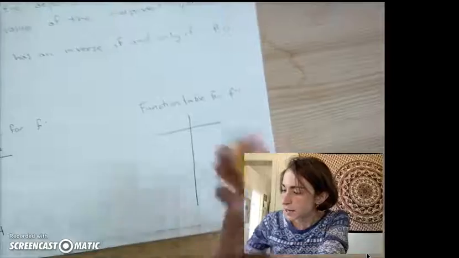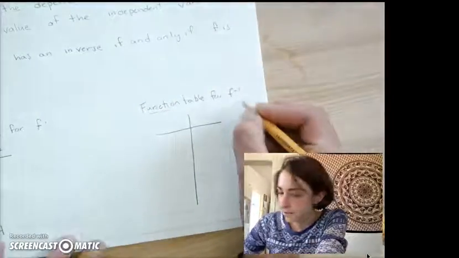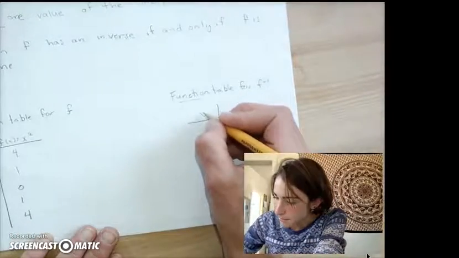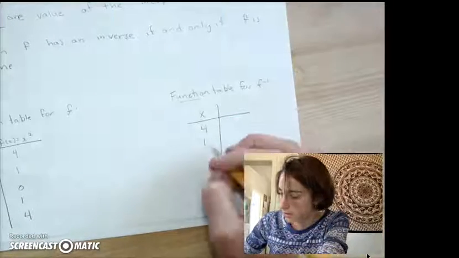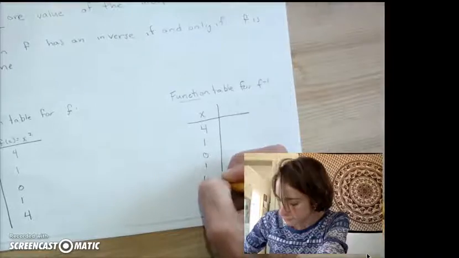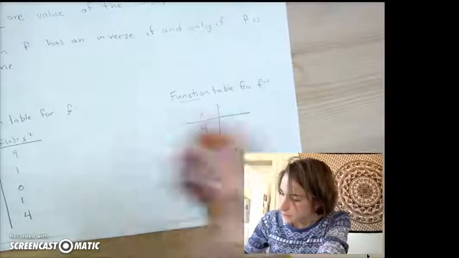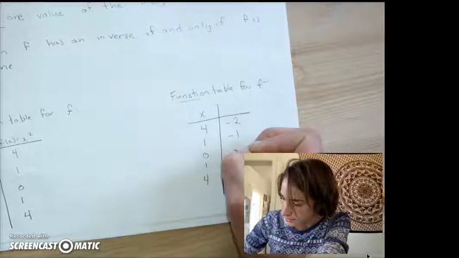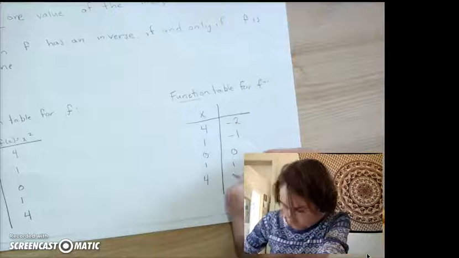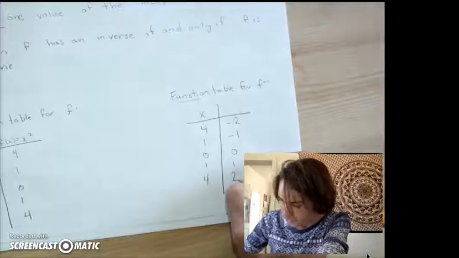If I were to try to draw a function table for f inverse, then my inputs, let's make them 4, 1, 0, 1, and 4. My outputs would be -2, -1, 0, 1, and 2.